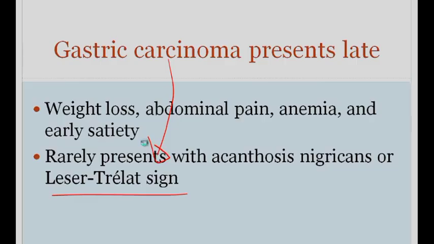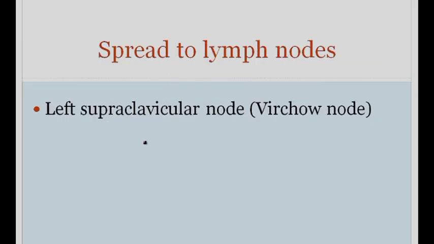It's high yield. Now, gastric carcinoma will spread to the lymph nodes. One of the interesting lymph nodes that it can often spread to is the left supraclavicular node, called Virchow's node, which is one of the nodes that drains the stomach. So the left supraclavicular node is important to be aware of.